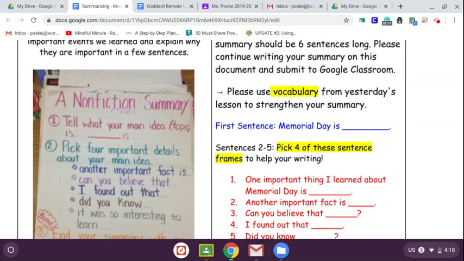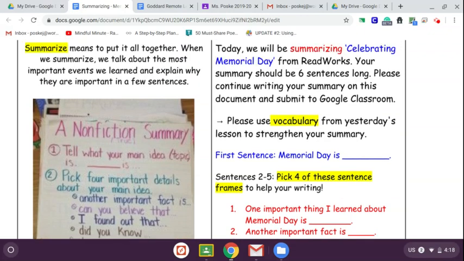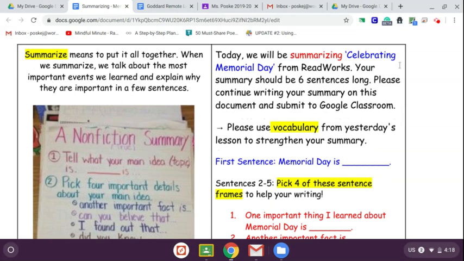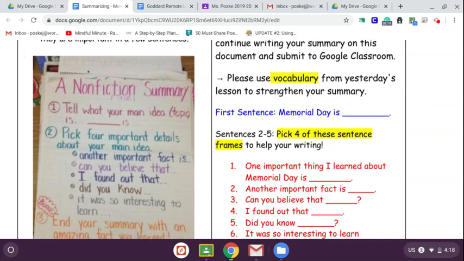Okay. So, your task for today, you are going to be summarizing the article that we've been really looking at this week, called Celebrating Memorial Day from ReadWorks. Your summary should be 6 sentences long. Please continue writing your summary on this document and then you will be submitting it on your Google Classroom.